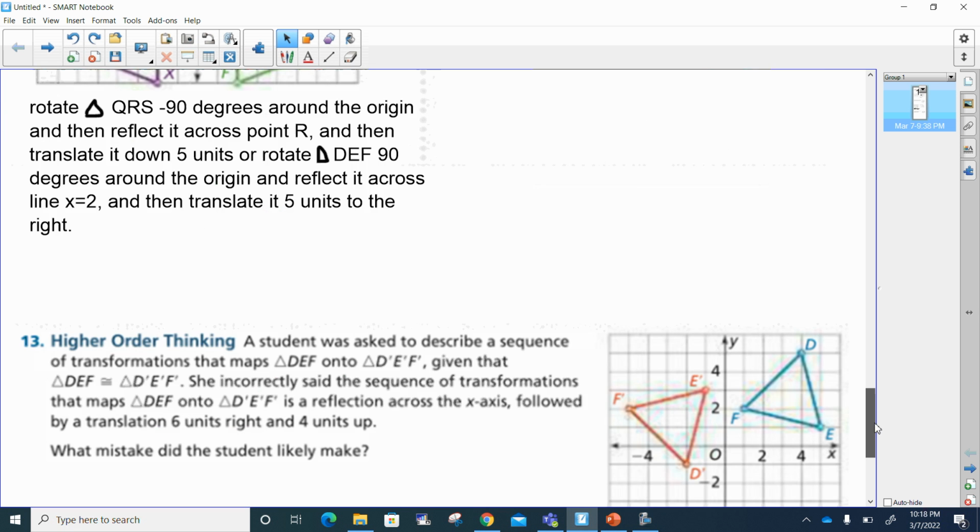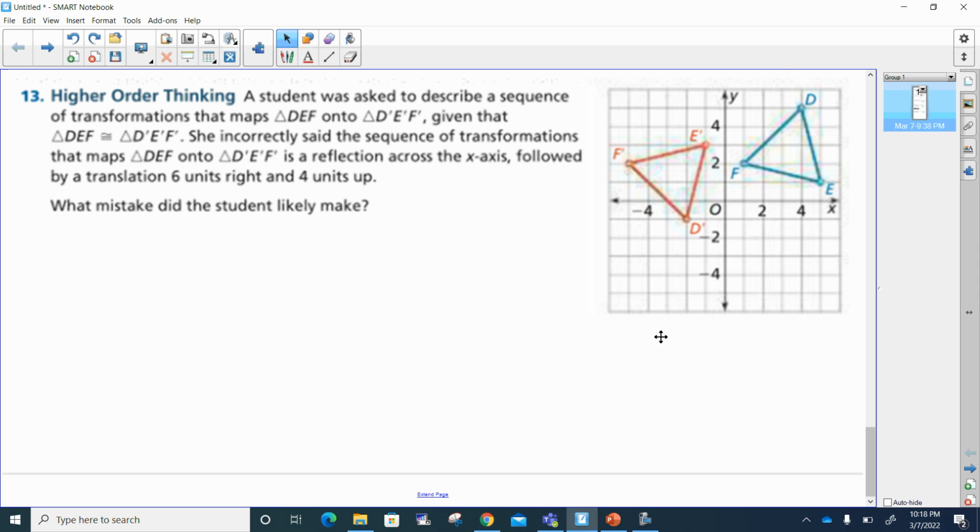That was number 11, so number 13 is mine. Higher order thinking question. Well, this one says a student was asked to describe a sequence of transformations that maps pre-image DEF, that would be this one without the asterisks, to DEF prime.